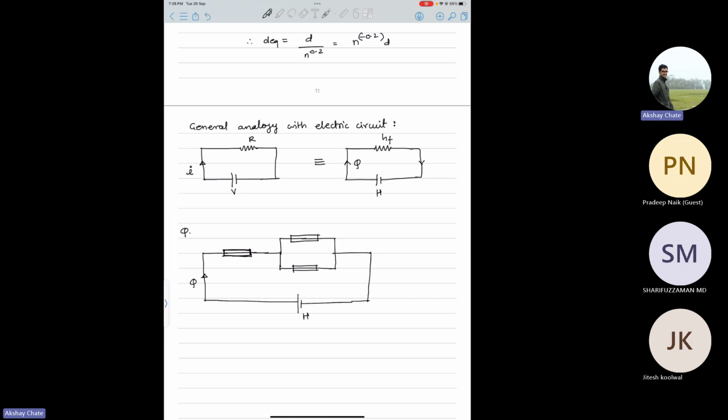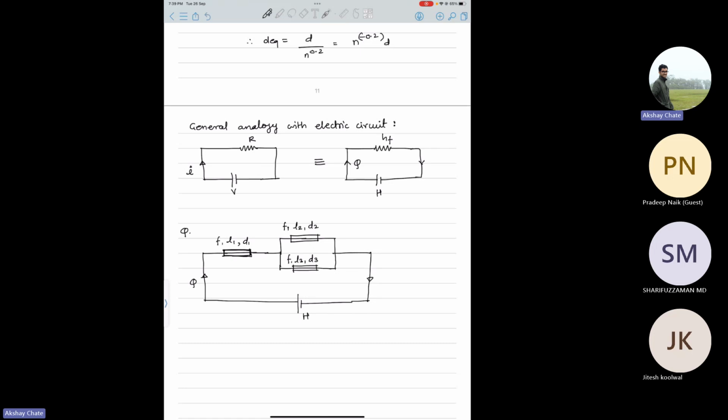For example, this will have length L1, diameter D1. This pipe will have L2, D2. This will be L3, D3. And for simplification, assume that all friction factors are the same. So this is f, here also f, here also f. It can be different, but for the sake of solving the problem easily, we are assuming them to be the same.